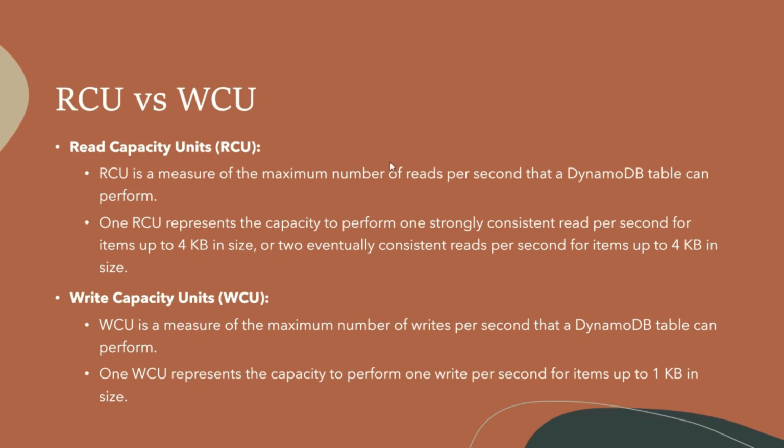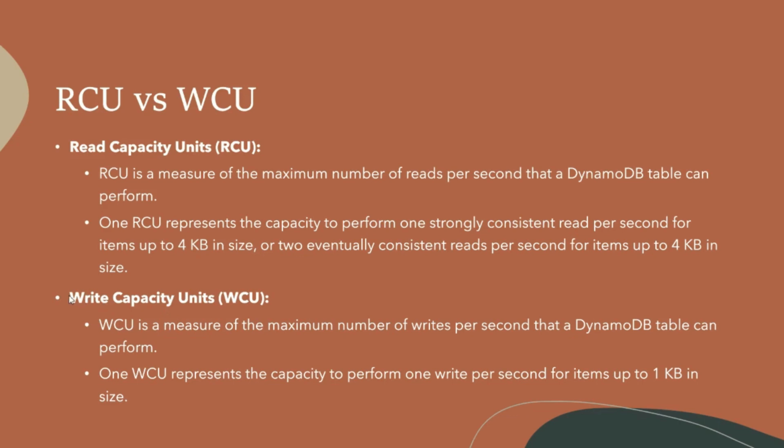If you have that same 10 RCUs, you could have up to 20 eventually consistent reads per second for items up to 4 kilobytes in size. You could look up what strongly consistent and eventually consistent mean; I don't want to cover that in this video.